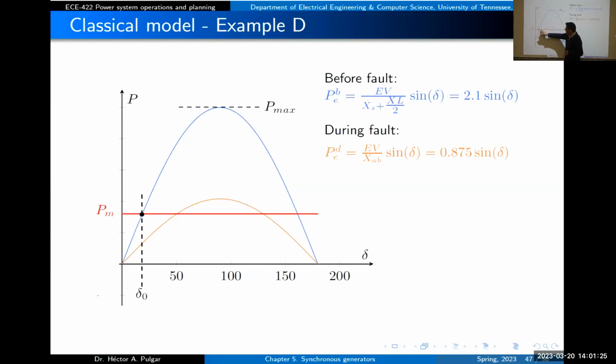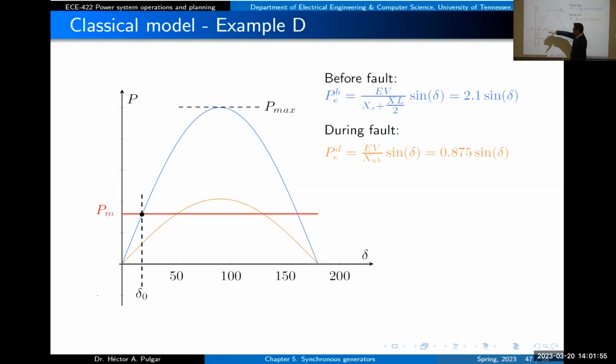By the equal area criterion, we can see that the increase in the angle will stop when we have an area during the deceleration of the machine that is equal to this part. So by looking at the area, we can see that at some point around here, the machine will reach a maximum angle and come back, and the short circuit can remain there in that example.